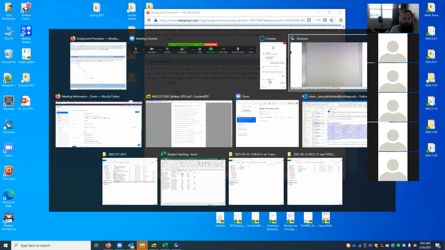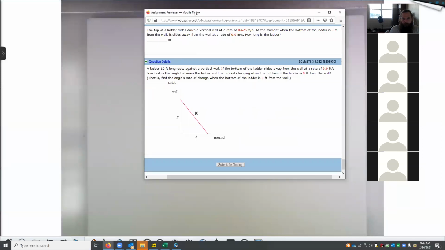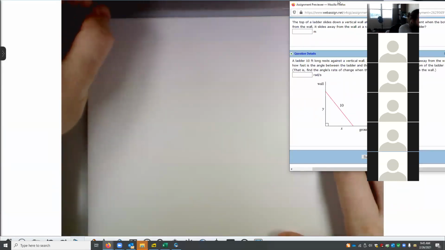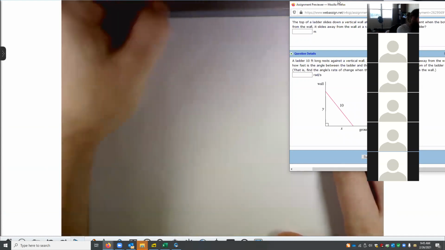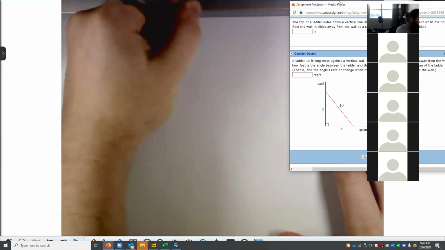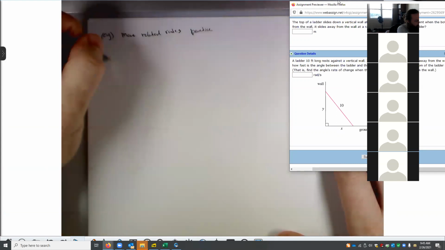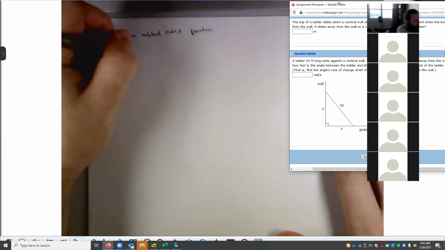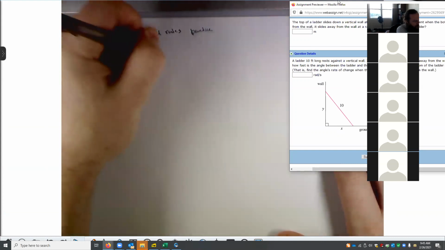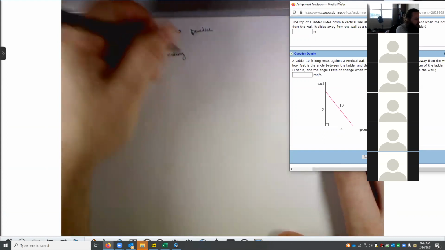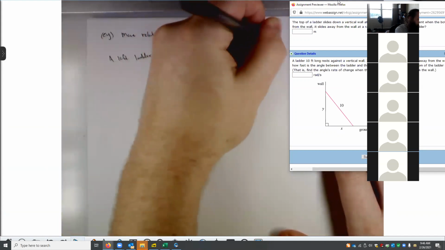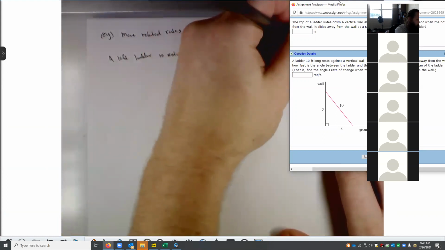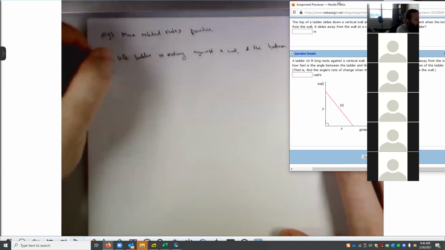All right. So, more related rates practice. A 10-foot ladder is resting against a wall, and the bottom begins to slide out.